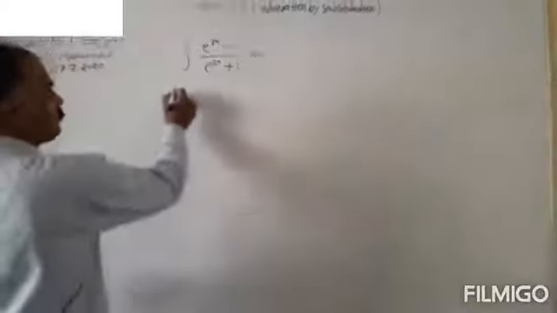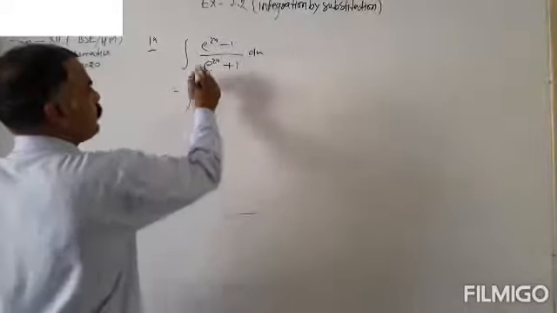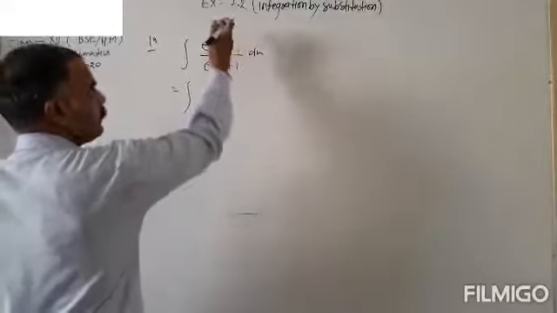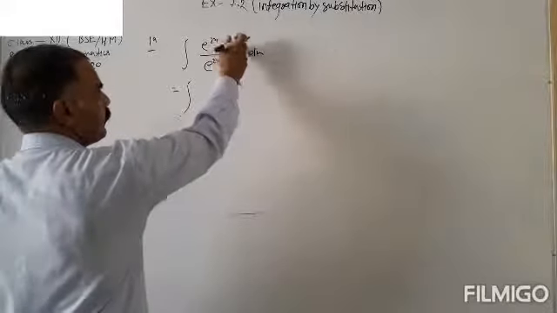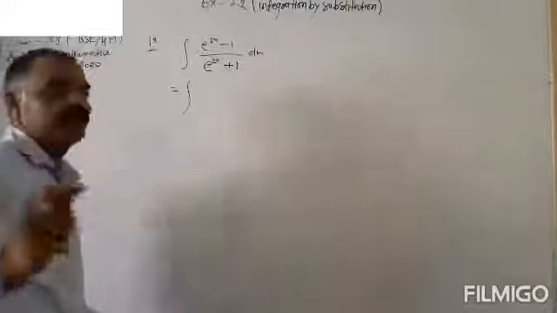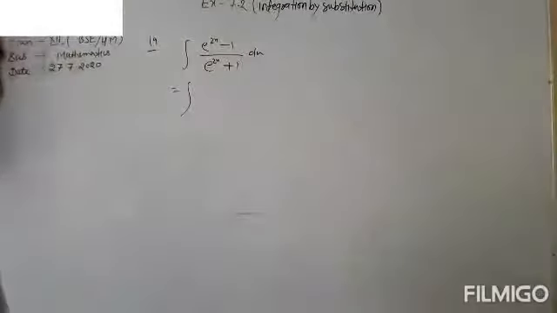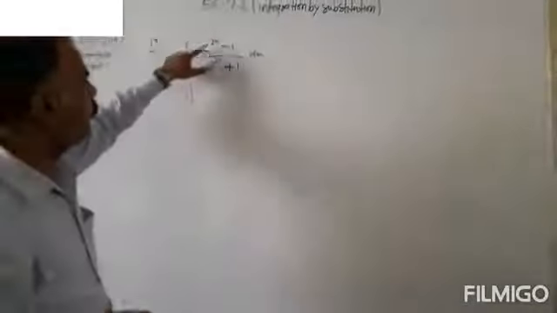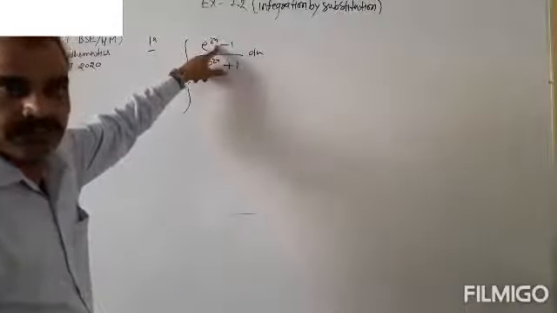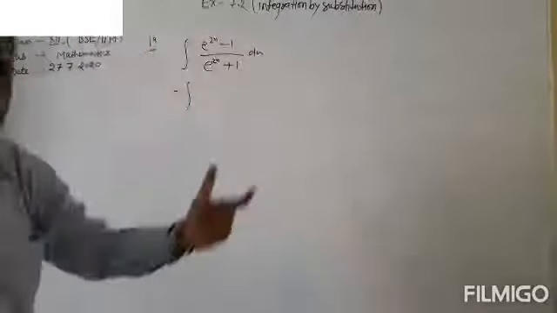I am telling you, divide numerator and denominator by e to the power x, half of the given power. The given power is e to the power 2x, so divide it by e to the power x.